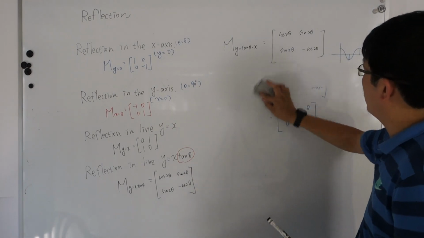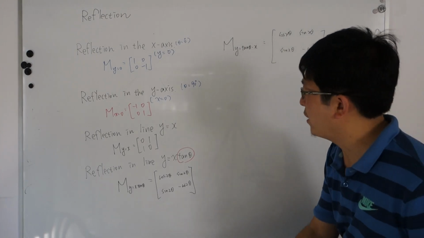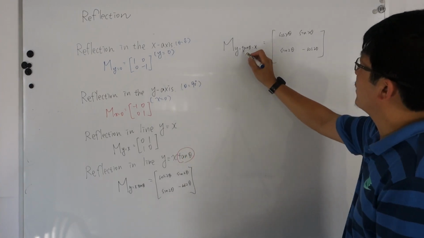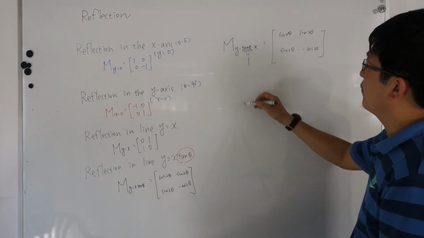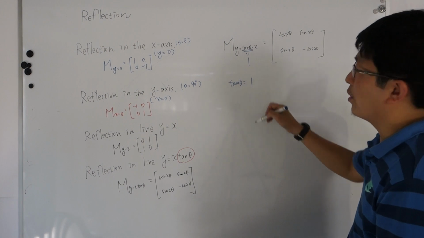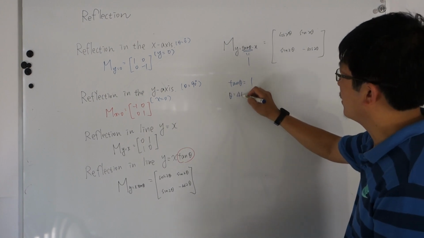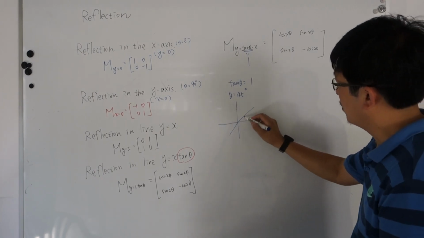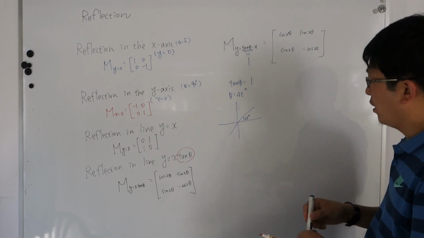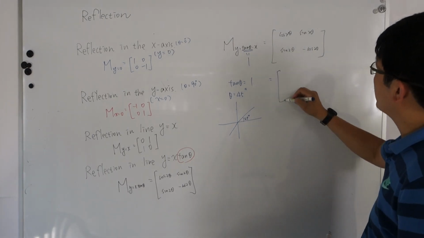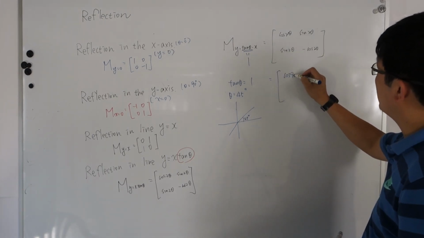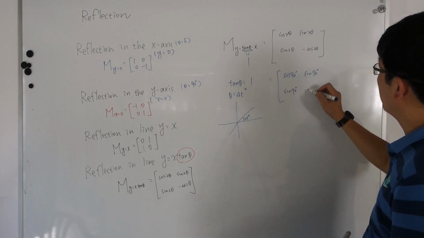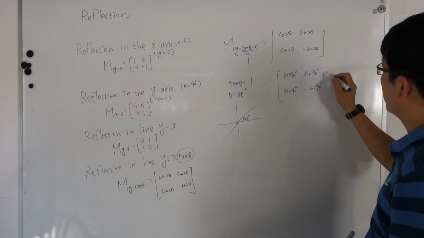Okay? For example, y equals x. What does it mean? It means tangent theta equals 1. Tangent theta equals 1 means theta equals 45 degrees. So we just sub in: cosine 2 theta becomes cosine 90 degrees, sine 90 degrees, sine 90 degrees, negative cosine 90 degrees.